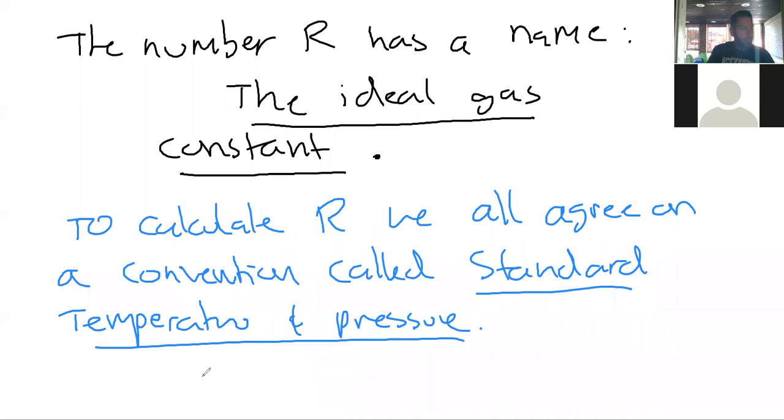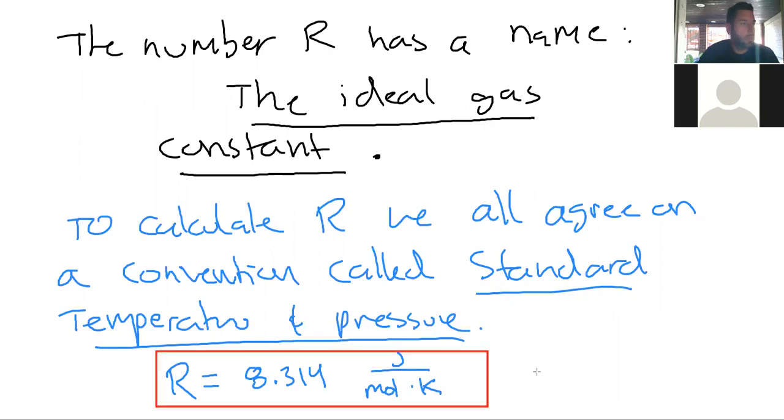One way we can compute R is to get 8.314, in joules divided by mole times Kelvin. This is one of the more common SI units for this number. So that is the gas constant, or the universal gas constant.